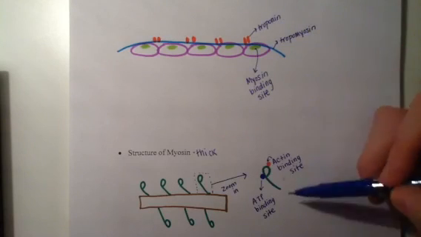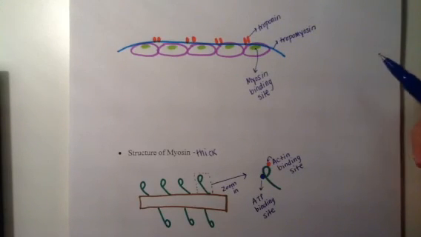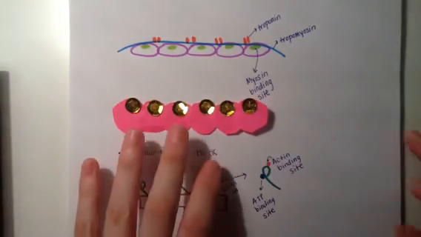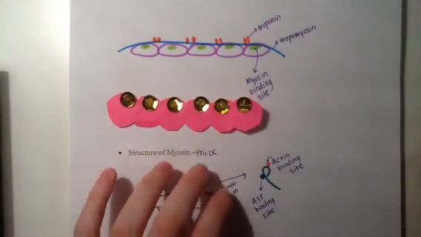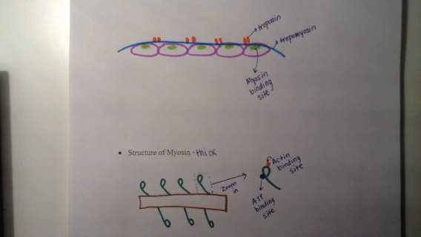Then I'll go back through it one more time with some stuff that I made, and I'm going to kind of act it out for you to hopefully help you understand the muscle contraction. So leave this page out, and I want you to go to the second page that says 7 steps of muscle contraction.